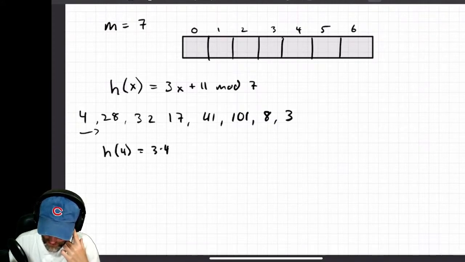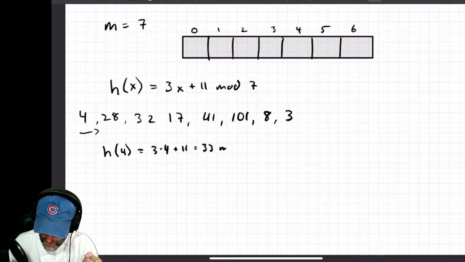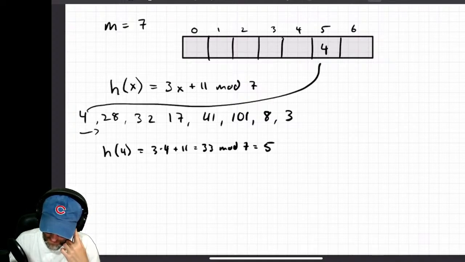That's 3 times 4, 12, plus 11. That's 33. When I mod out by 7, that's going to give me a remainder of 5. So 4 is going to map to 5.